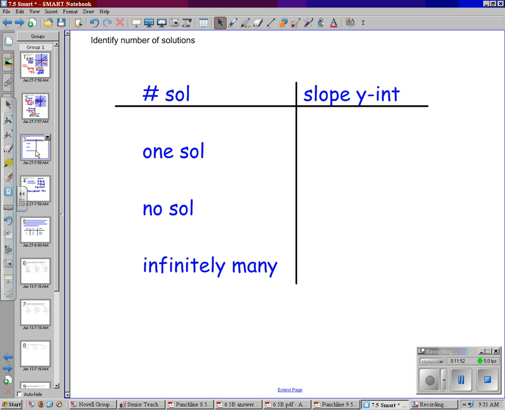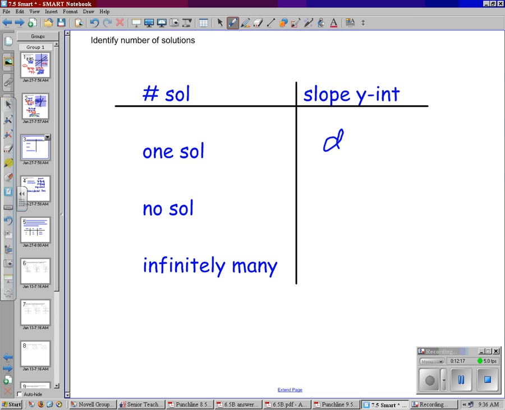Okay, I'm going to go back up to this thing here where it says identify number of solutions. We were just talking about it a little bit ago, and I wanted to get to see that information prior to Ev leaving. So one solution, when it's in slope-intercept form, what can you tell me if you would look at the two equations? What do you see when it's in slope-intercept, Jack?